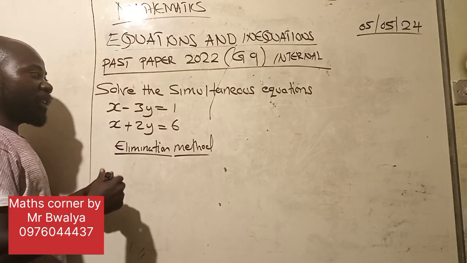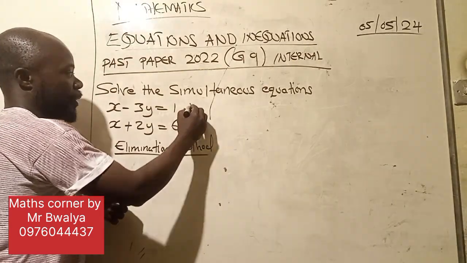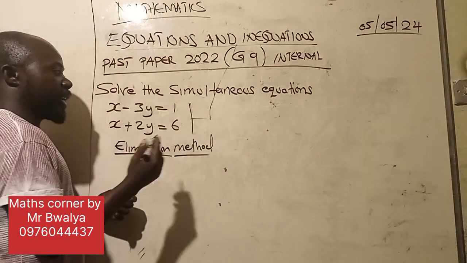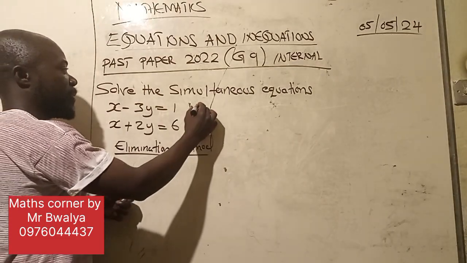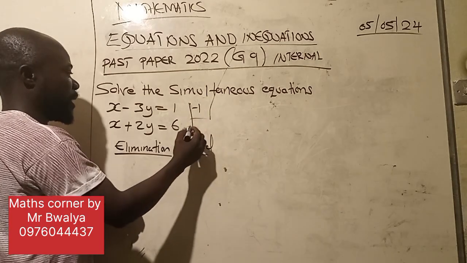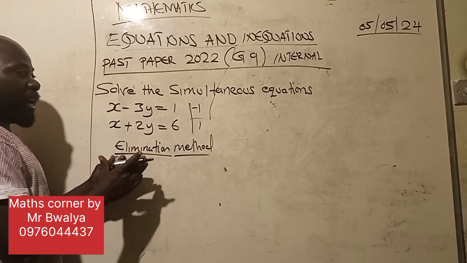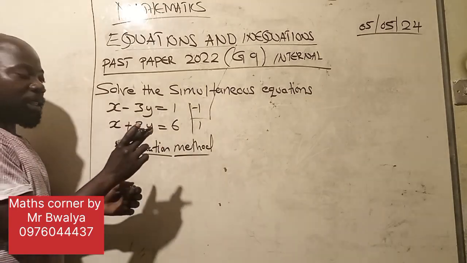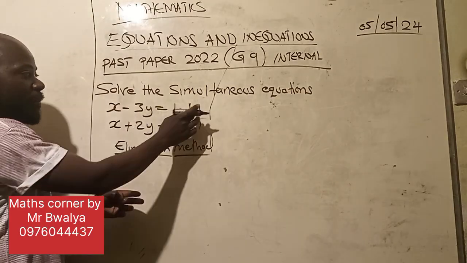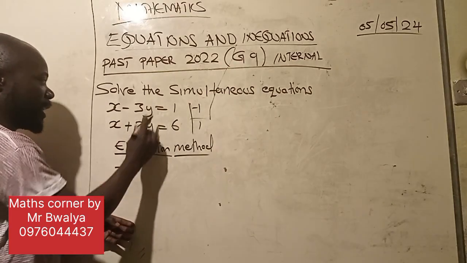The most important thing is you introduce multipliers, which are -1 and 1. There you multiply by -1, and here you multiply by 1, so that we've got two different signs, whereby -1 times 3x will give us -3x.